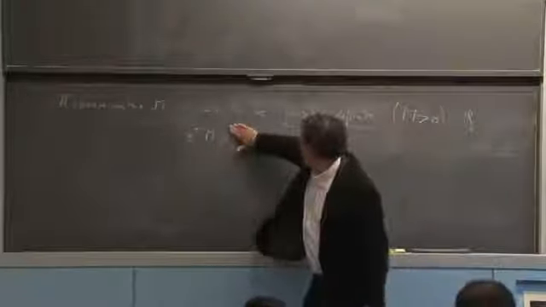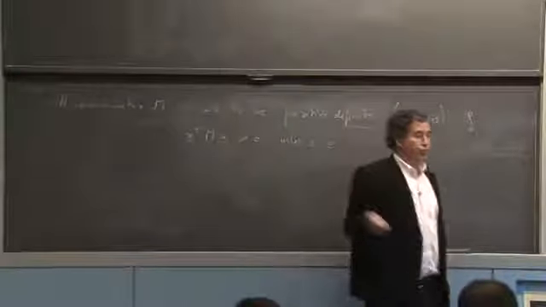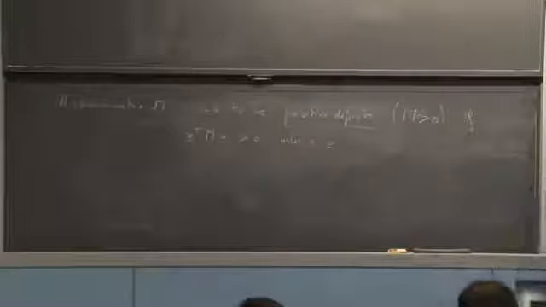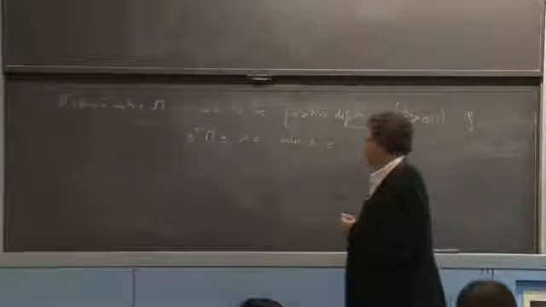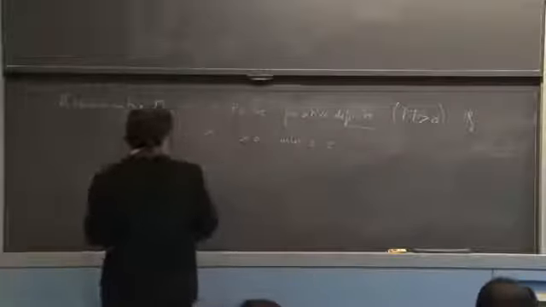So a matrix is positive definite by definition if and only if, when you take the quadratic form X transpose Mx, you get a strictly positive number, whatever X is.